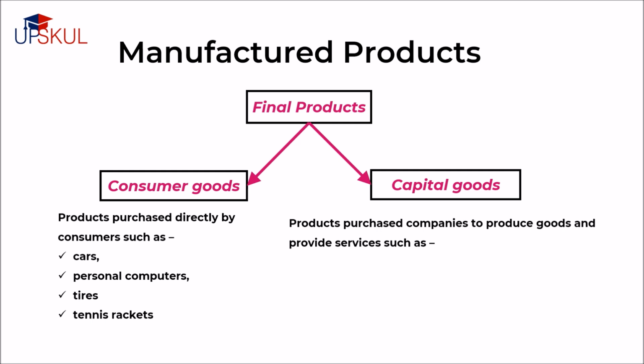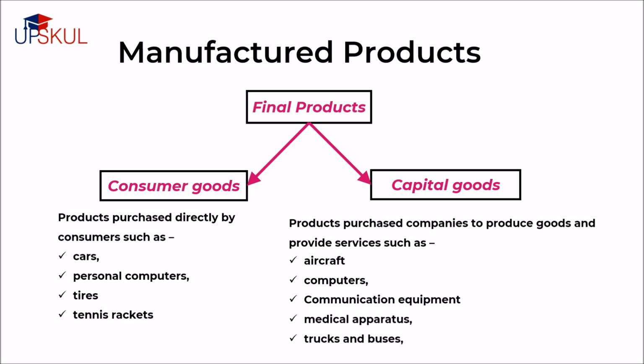For example, aircraft, computers, communication equipment, medical apparatus, trucks and buses, railroad locomotives, machine tools, and construction equipment. Most of these capital goods are purchased by service industries. Without the capital goods, the service industries could not function.